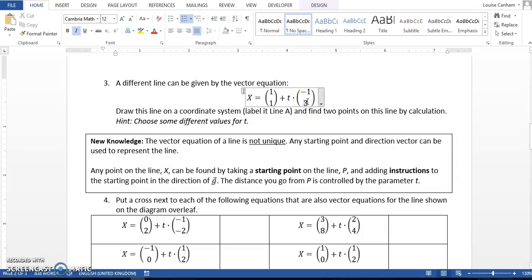It just takes you further along the line if the components are bigger, for example, and then to get to a point closer, you'd need smaller values for t. That means that I'd always recommend having integer values, if possible, for the starting point, which it should be possible for at least one point on the line, and also choosing your direction vector so that it has integer values too.